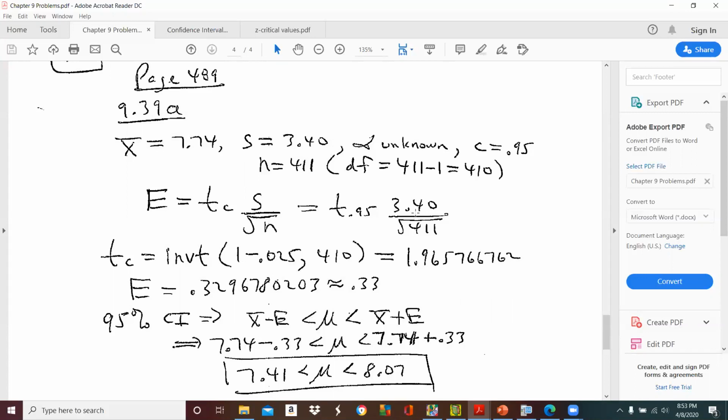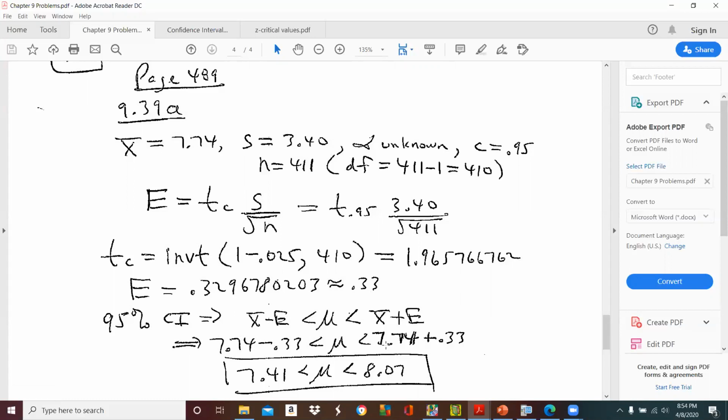When you multiply this by 3.40 and divide by the square root of 411, you get this as your margin of error. In this particular case, I just approximated it to be 0.33. So for my 95% confidence interval, the left end of the interval is X bar minus the margin of error, 7.74 minus 0.33.